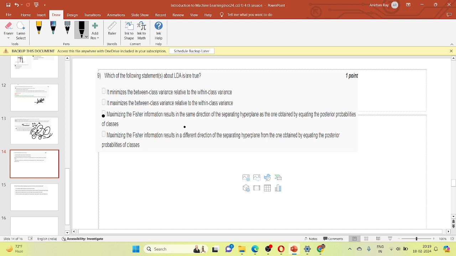And another is that it minimizes the between class variance relative to the within class variance. The within class variance has to be low. It will be more clearly explained in the derivation. I could not do that here; it is in the videos overall.